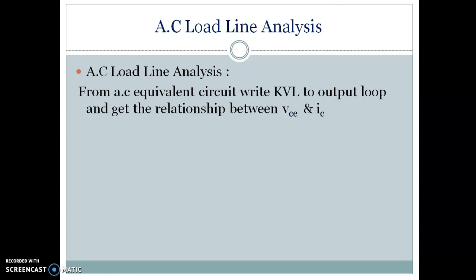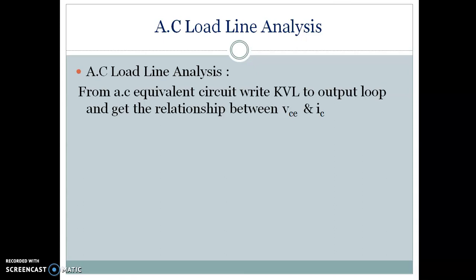So you would have already done the DC load line analysis. In case of your biasing methods, we would plot what is the maximum current, what is the maximum voltage, and we will connect those 2 points. We get the DC load line. So your DC load line will be the slope of VCE by IC.